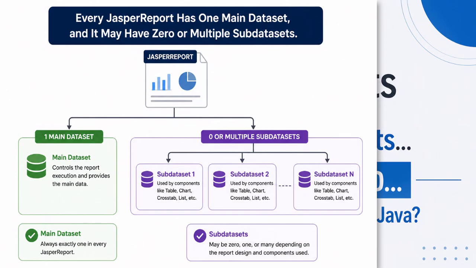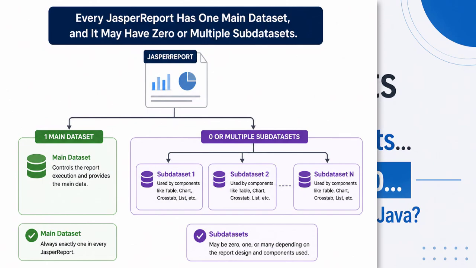The sub dataset is an independent dataset used by components such as the table component, chart, list, and crosstab. Each component retrieves its own data from its own sub dataset. If the table component is placed in the detail band and the main dataset returns multiple records, the detail band is repeated once for every record.